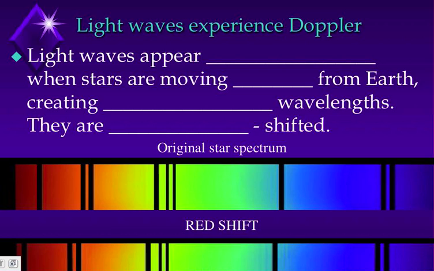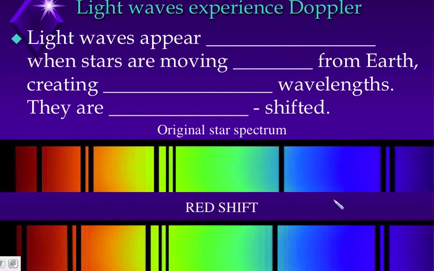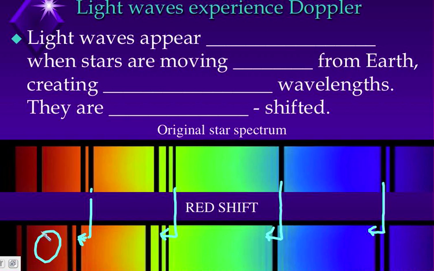Again, comparing this original star spectrum to the changed, if I look at these, again, the pattern is the same, but they all have a slight shift this direction being towards the red end of the spectrum. We know red is the longer of the wavelengths. That clues me in that the star would be moving away from Earth.